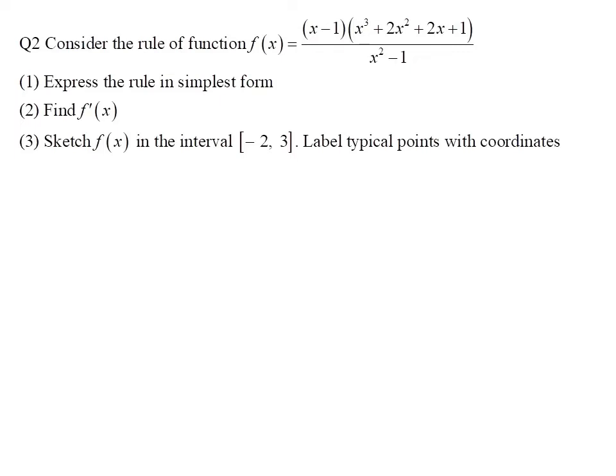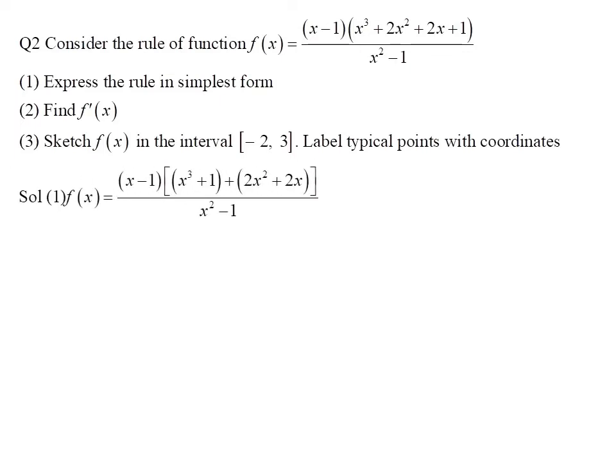To simplify the function, we need to do further factorization on both numerator and denominator. As can be seen in the squared bracket, the cubic factor on the numerator can be separated to form 2 groups, while the expression at the denominator is just the difference of 2 squares, which can be easily factorized.